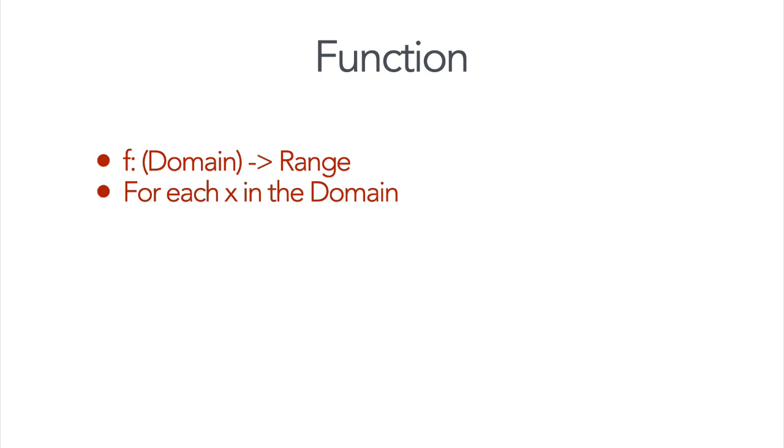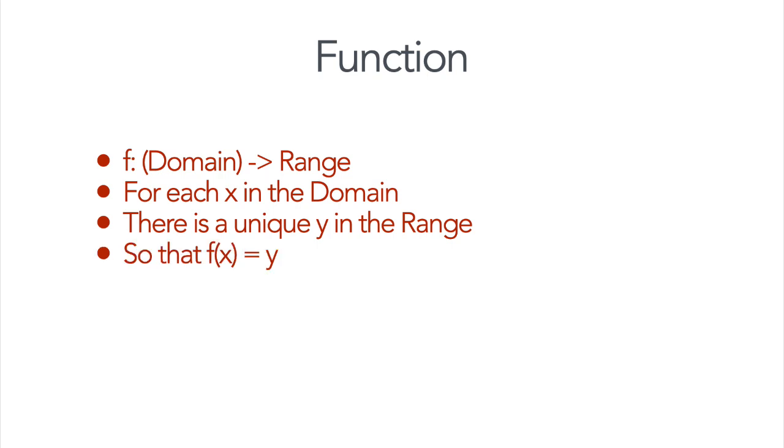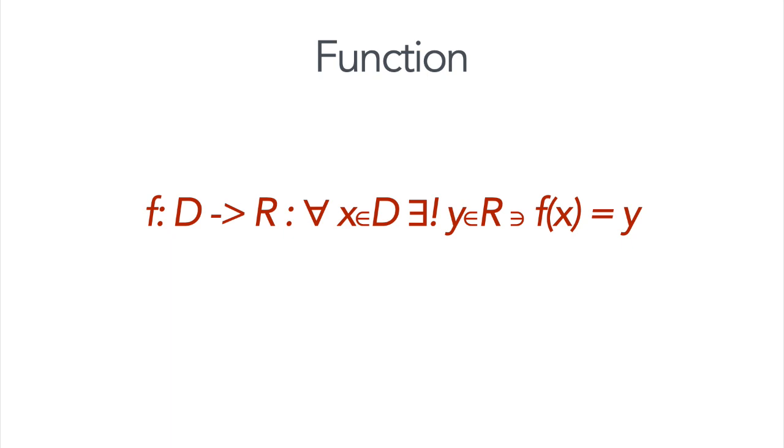For every x in the domain, you had to get the same y out. You couldn't put in 5 and get 8 one day and 7 the next day. For every x in the domain, there is a unique y in the range such that f of x equals y. And this was our definition of function. When you were older, you might have written the definition of function like this.